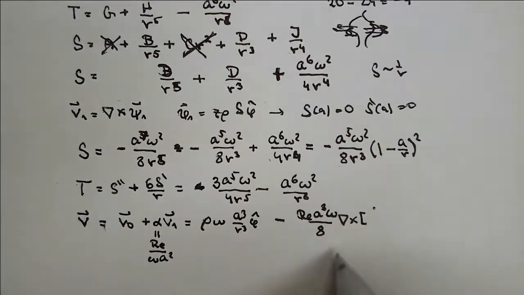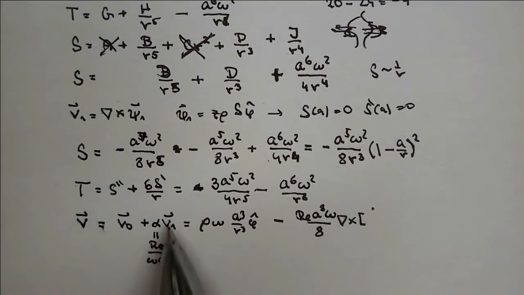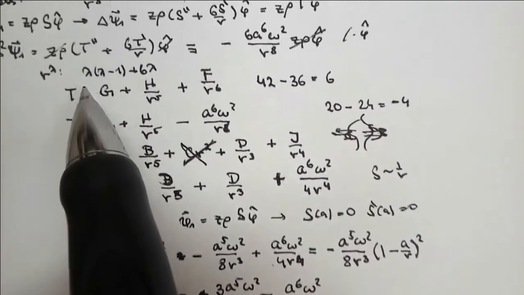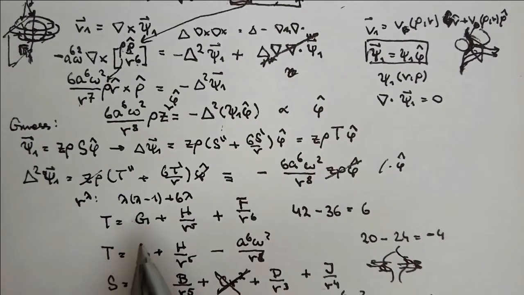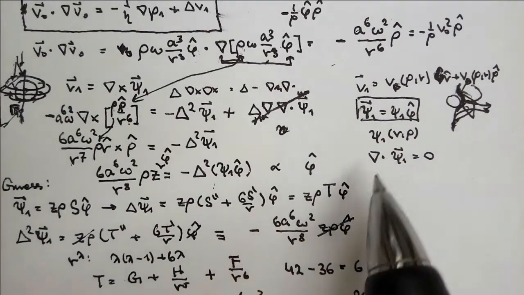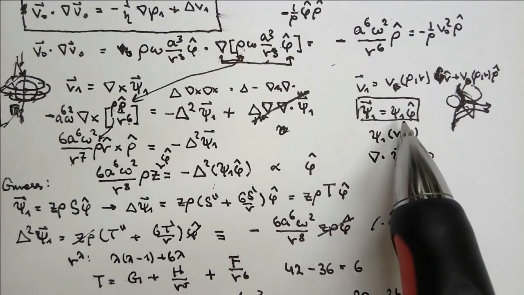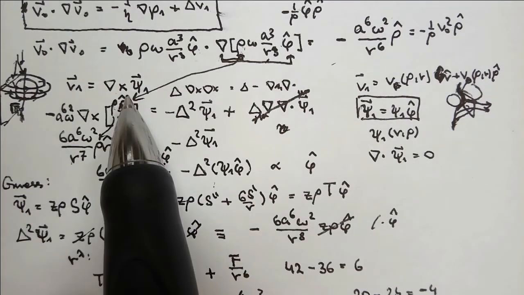times r cubed times, because this is not the complete solution, because there should be again this is only S, and the complete solution for, because v1 is curl of psi1, and this condition was written right. This is psi1, and we were assuming the solution for velocity here.